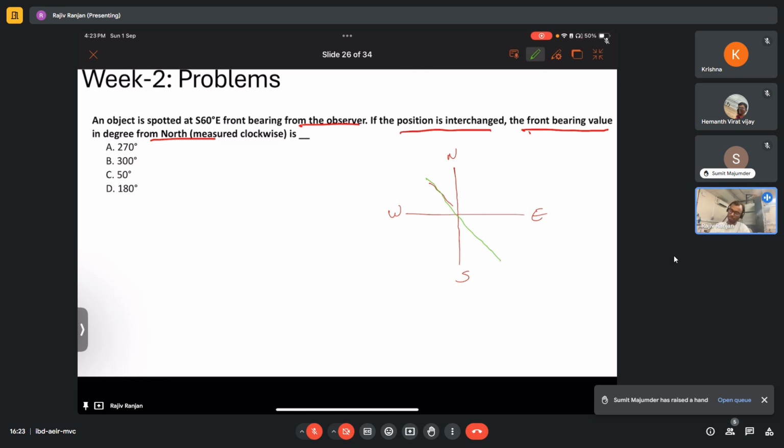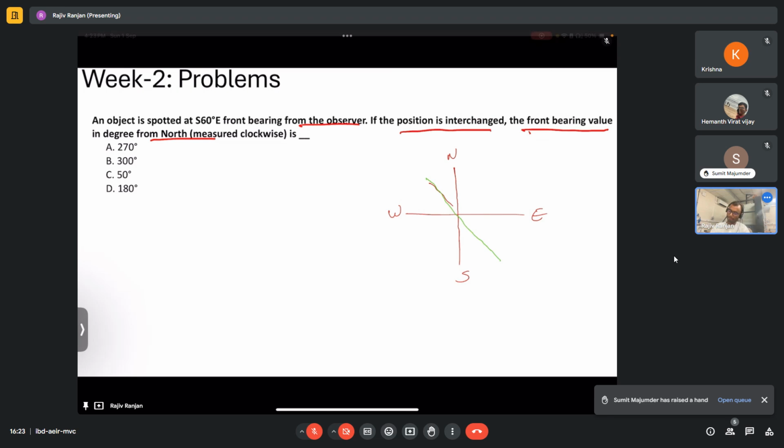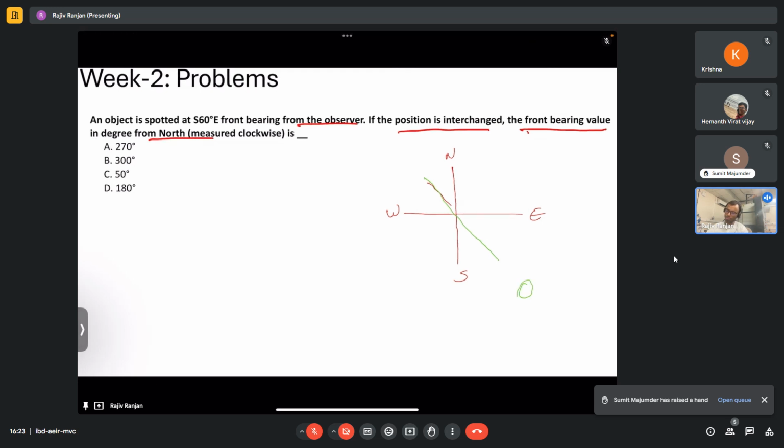So suppose you are here, so you can see the object is here. Now it is saying that the position is interchanged, the front bearing value. Now this person will go here, then what will be the value? Think a little bit.